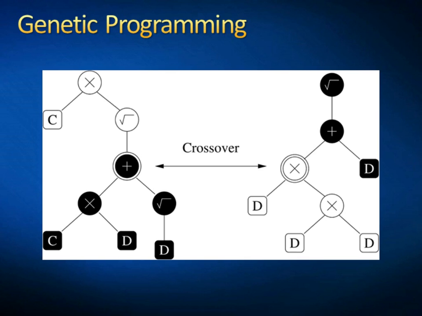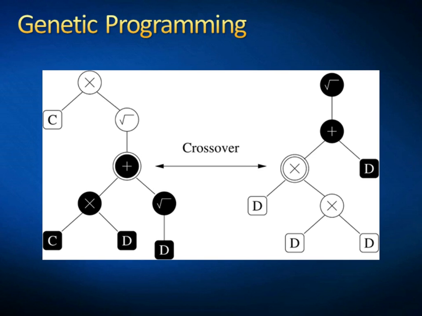So let's represent the programs as trees, and then in order to do crossover, what we're going to do is pick a random node in each tree, and then swap the subtrees that are hanging from those nodes. So for example, in this diagram, if you pick the crossover point that I'm showing, one of the trees that you will wind up with is the tree with all the white nodes.